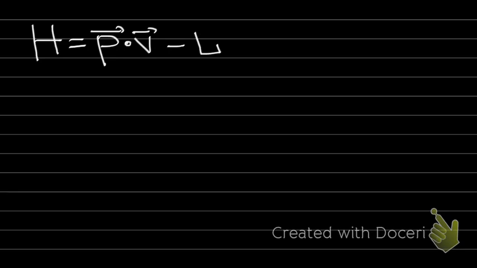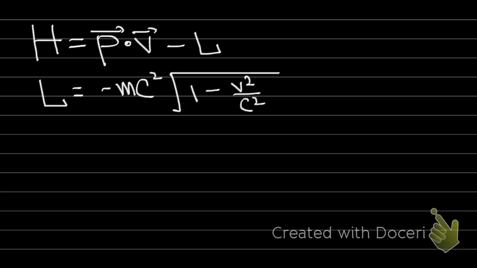We know the Lagrangian is equal to negative mc squared times the root of 1 minus v squared over c squared, the relativistic Lagrangian that we just derived. Again from classical mechanics, the momentum is defined as the velocity derivative of the Lagrangian.